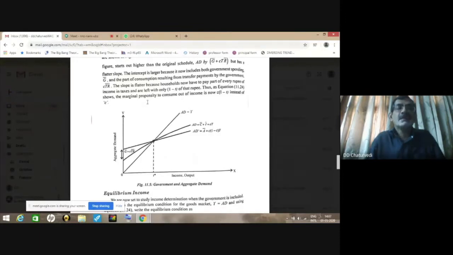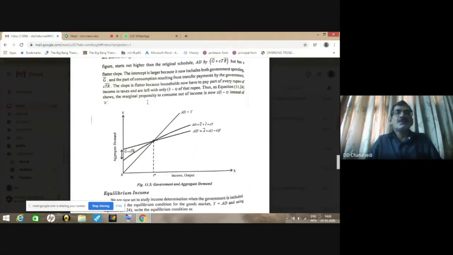And here the difference between the previous y-intercept and the new y-intercept is given by G bar plus small c into TR bar, which you see in this diagram 11.5.